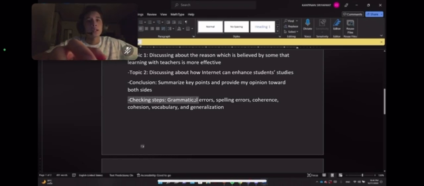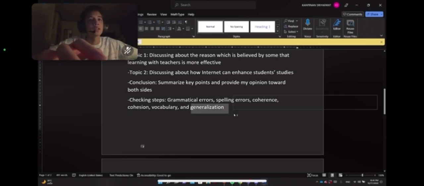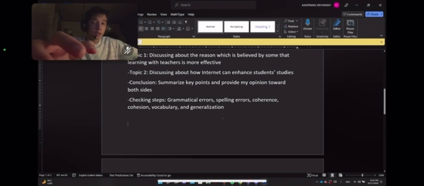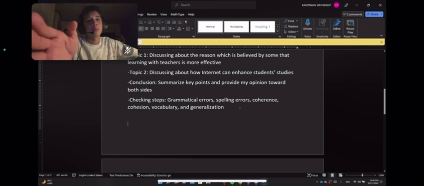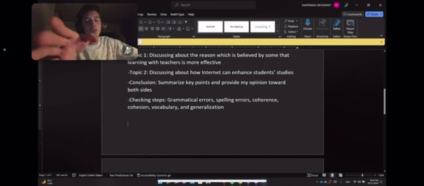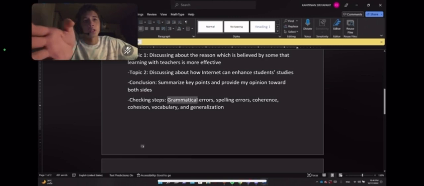Like I said, after you finish all the writing, you should check your grammar, spelling, coherence and cohesion, vocabulary and generalization. When it comes to the real test, obviously you cannot use Grammarly or any application which assists you in writing, but this is just practice, so you can use Grammarly or whatever you want in order to develop and check your writing.